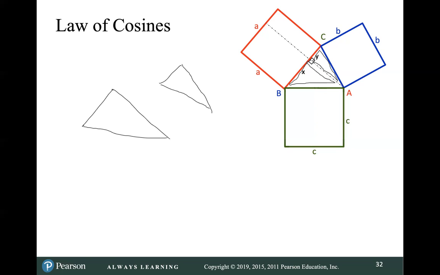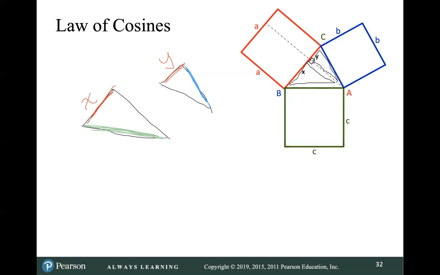And I'll color coordinate the sides so that we can see this is side B. This is side length C. And then side A has actually been broken into 2 pieces. This is X and Y.